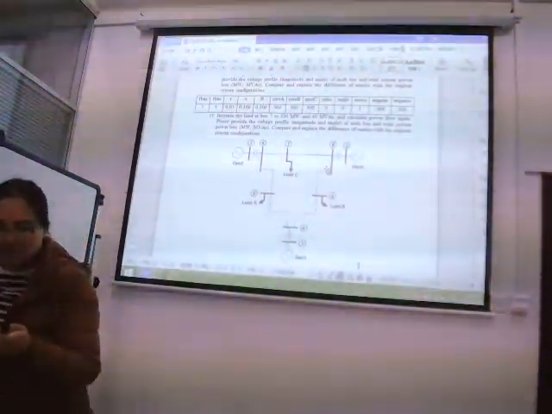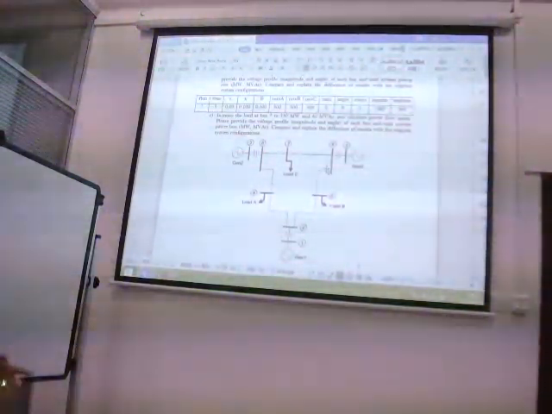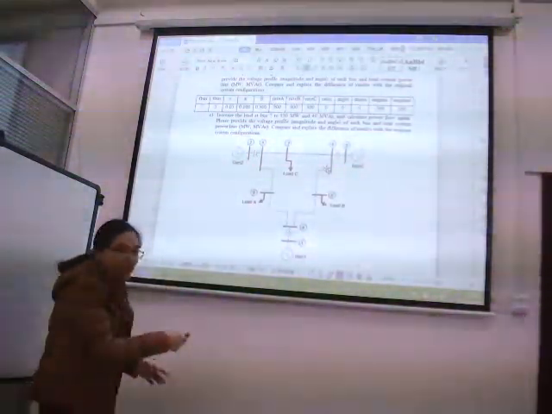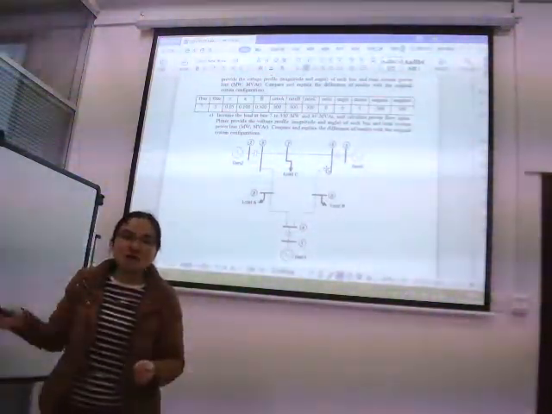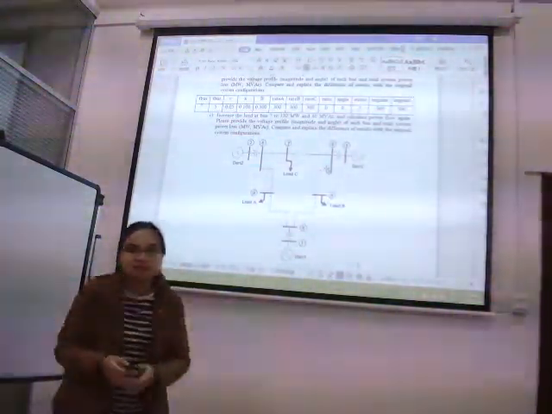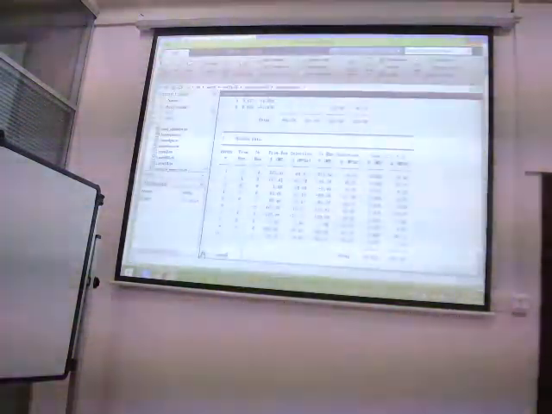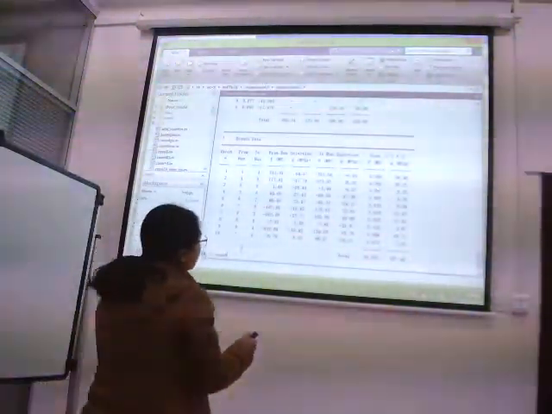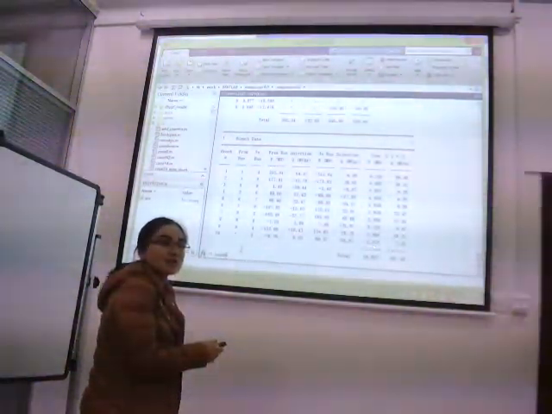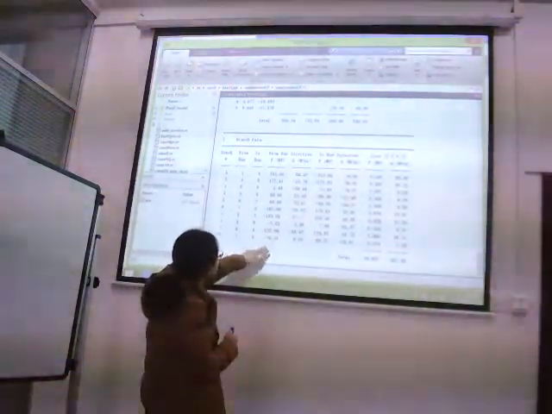The load demand is increased by nearly 200 megawatts. So the power flow goes from here to here to here, and the power losses through this direction become larger, like 5.582 and 3.573. Okay.